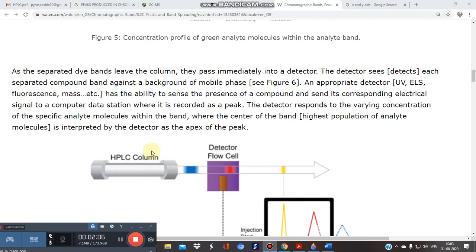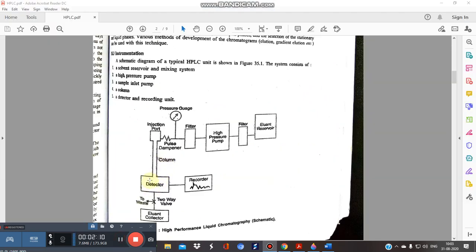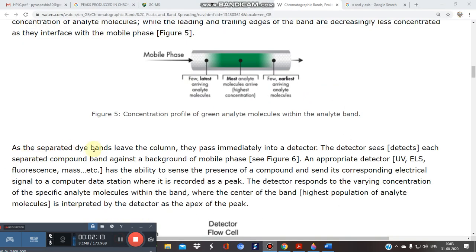And we know that after passing through the column, the detector is there. Just see this, after the column, the detector is there. As the bands, or the compounds, leave the column, they are immediately subjected to the detector. And what does the detector do? The detector sees each separated compound band and sends a signal to the recorder.